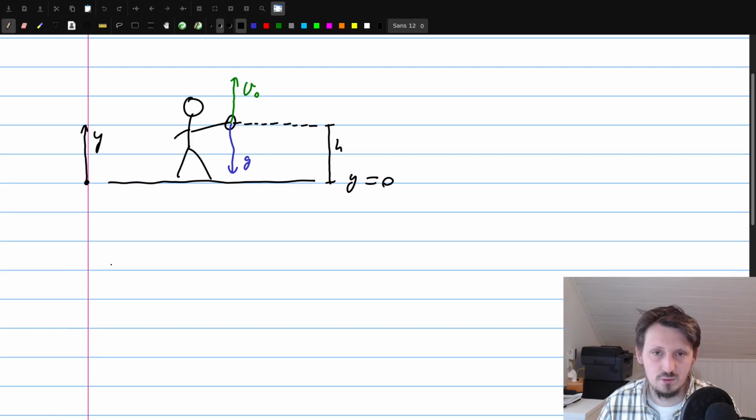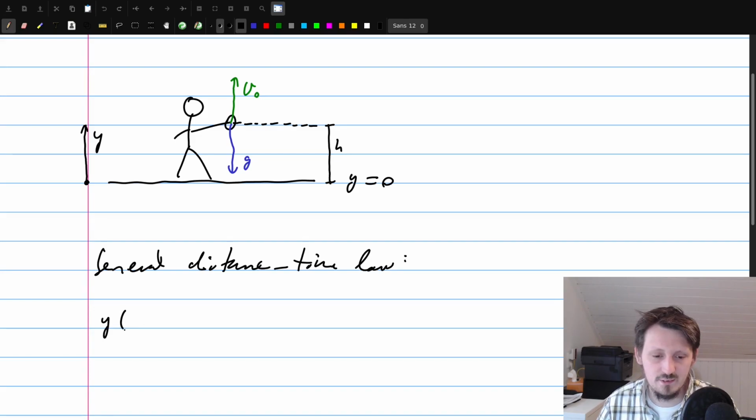I always recommend, when you have such an exercise, whether it's a vertical shot, ballistic projectile motion or whatsoever, it's always beneficial to start with the general distance time law. This is the first thing which you should always note down.